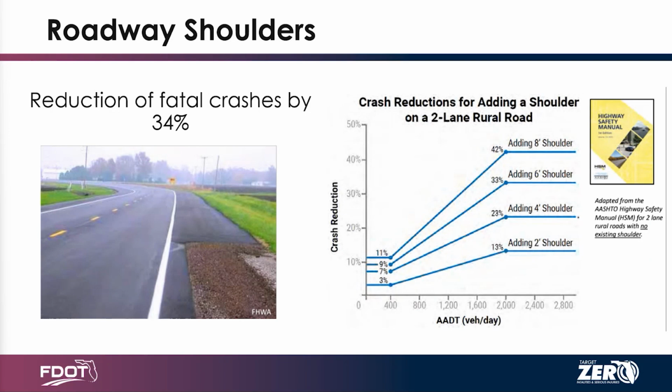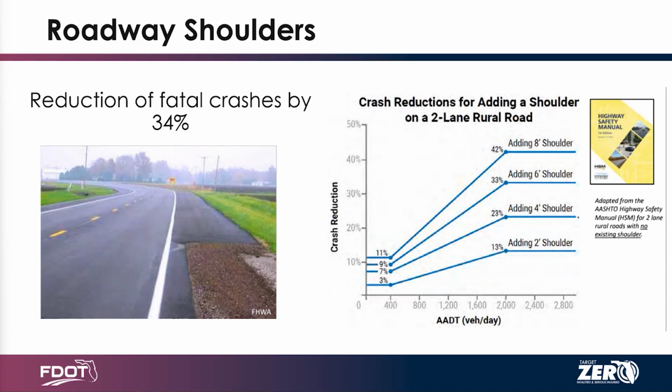We are also seeing a reduction of fatal crashes by 34% by implementing a roadway shoulder. This is where you didn't have a shoulder before. Usually you'll see these conditions on your rural roadways. Providing that shoulder will hugely benefit the safety conditions on the road and provide a little more space for people to easily recover back onto their lane before they end up within the clear zone or into any obstacles on the side of the road.